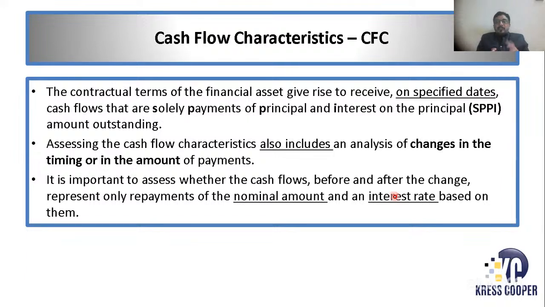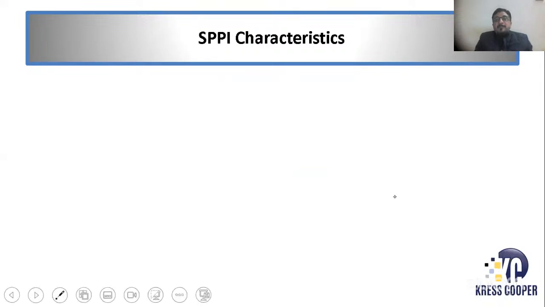So if the timings are changed because of a modification, the timing of the interest payment is changed, but the interest payment remains the same and the principal amount remains the same. Only the timing or amount is bringing some change, but that is still the SPPI.